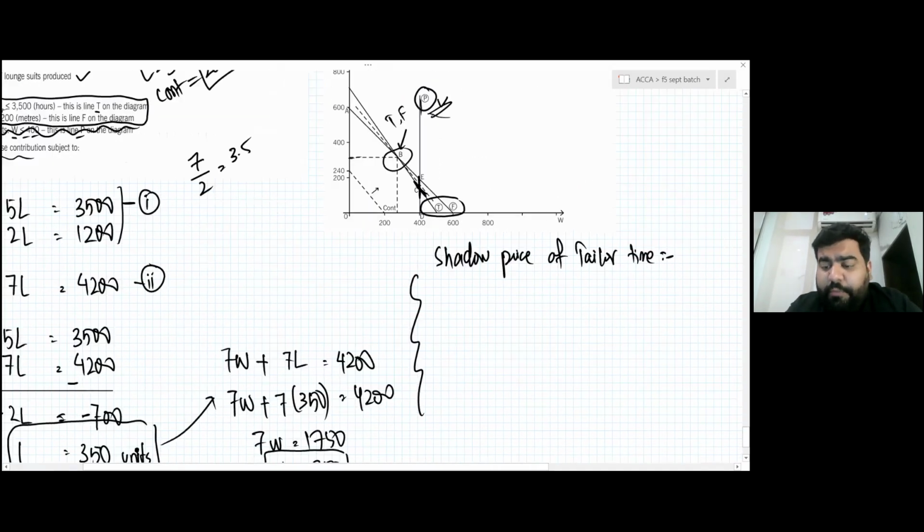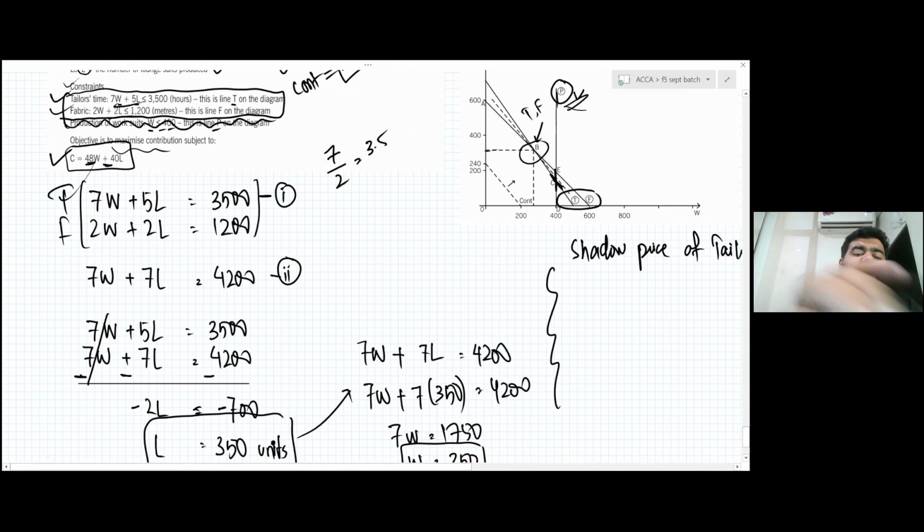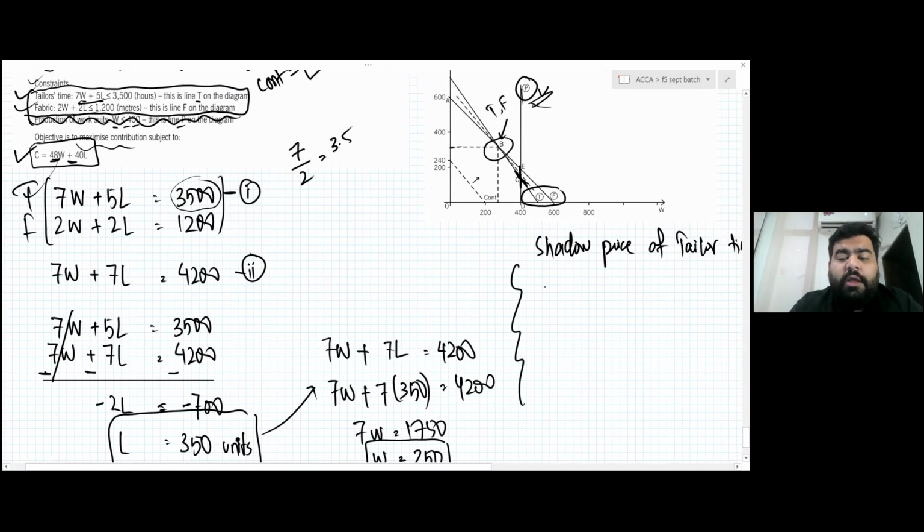For shadow price, first what we have to do is increase the resource by 1 unit. So the equation will now be 7W plus 5L equal to 3501, because we have to increase by 1 unit the resource for which we have to calculate the shadow price. And 2W plus 2L will be 1200.